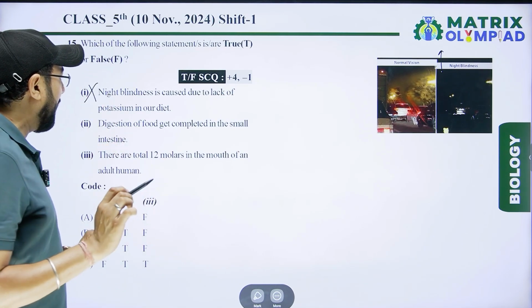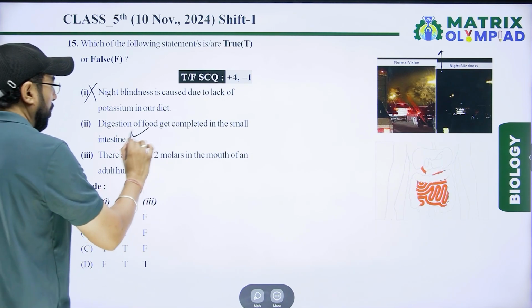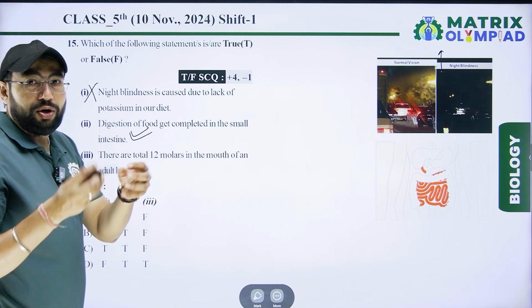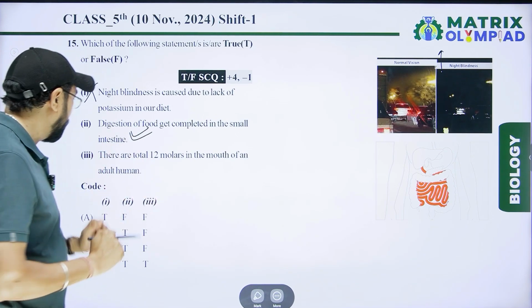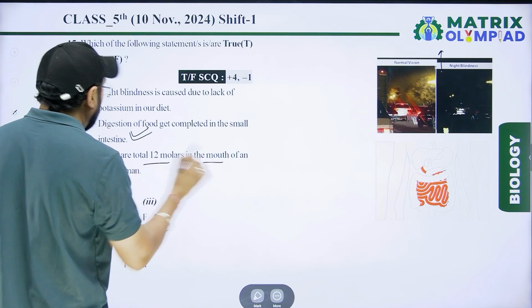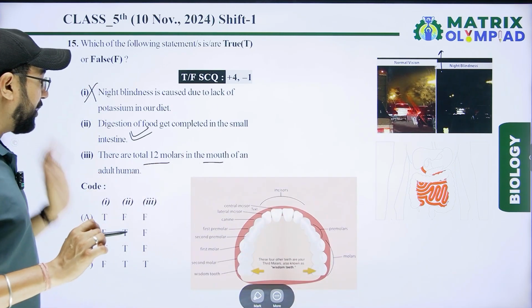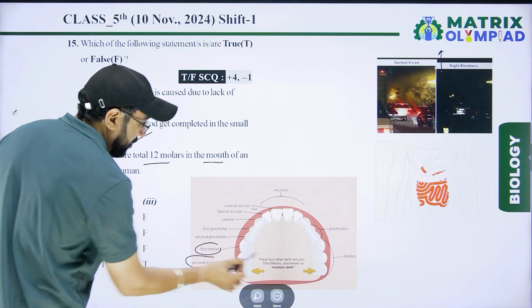Digestion of food gets completed in the small intestine, right? All chemical or enzymatic digestion and absorption occur in the small intestine. There are a total of 12 molar teeth in the mouth of an adult human.